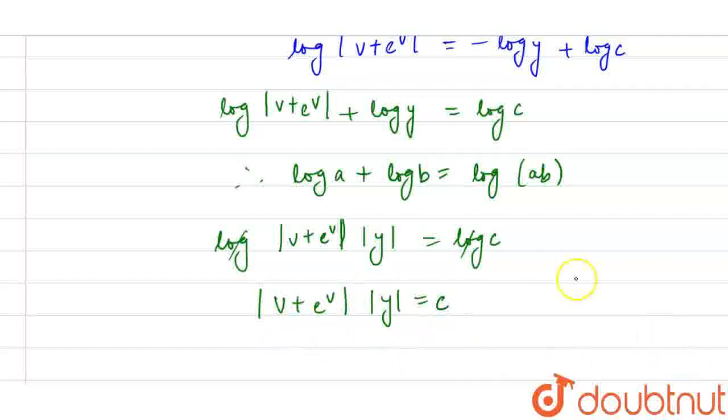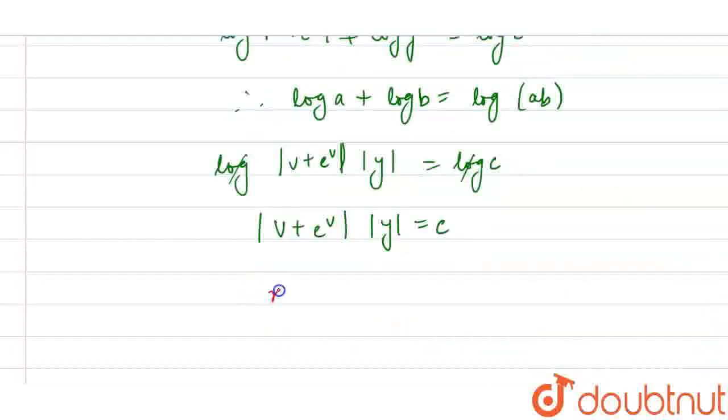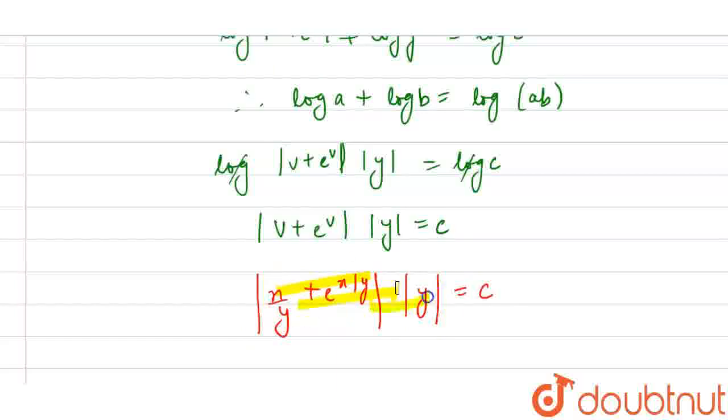Now we put the value of v, that is x by y. So (x by y plus e^(x by y)) multiplied by y equals c. So this is our final answer.